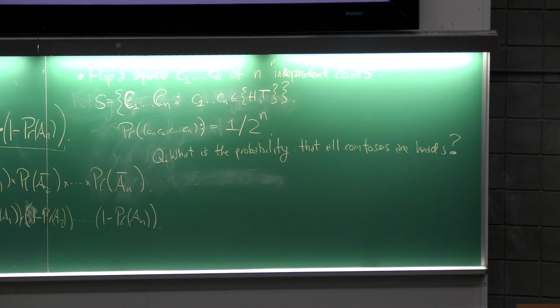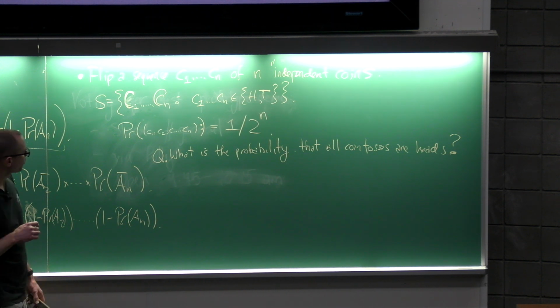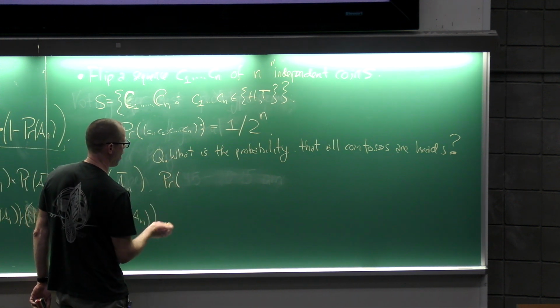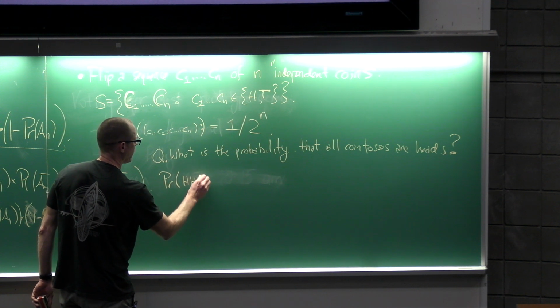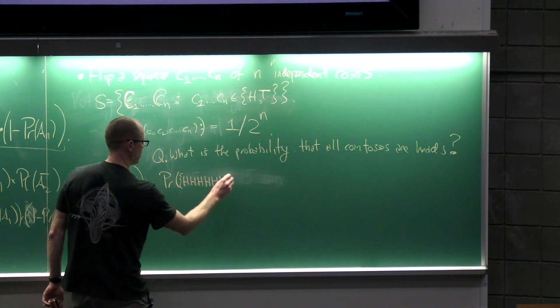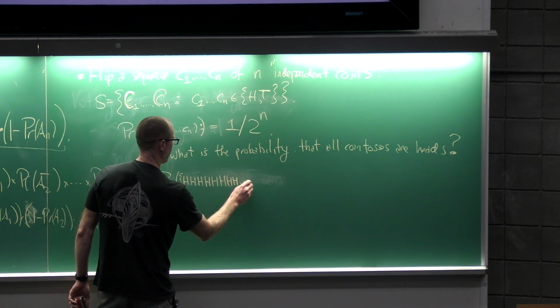So toss a coin n times, what's the probability that all the coin tosses come up heads? One over 2 to the n, because in this space that I just described, that's the probability of one particular outcome.